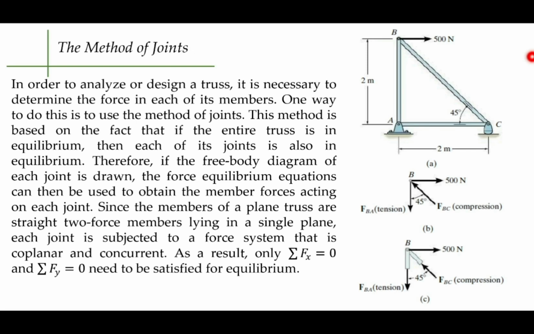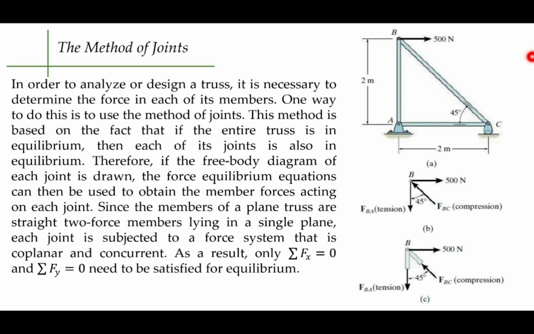This method is based on the fact that if the entire truss is in equilibrium, then each of its joints is also in equilibrium. Therefore, if the free body diagram of each joint is drawn, the equilibrium equations can then be used to obtain the member forces acting on each joint.